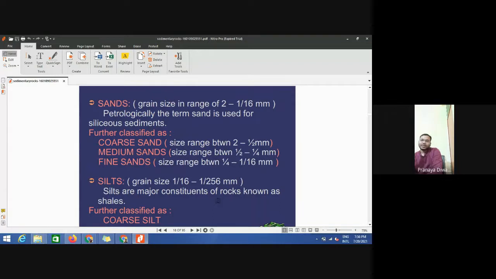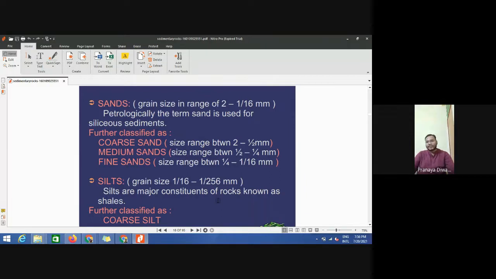It also has a further subdivision, and mind you, the classification of sedimentary rock is purely on the basis of size. Size is the element which is considered important for the classification of any sedimentary rock.